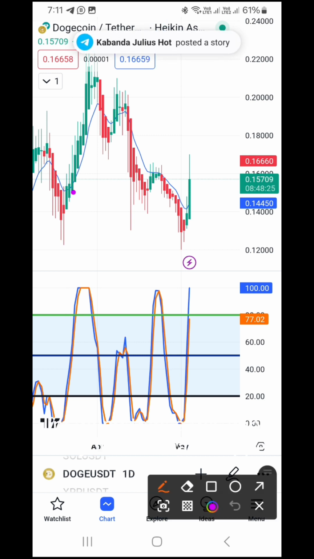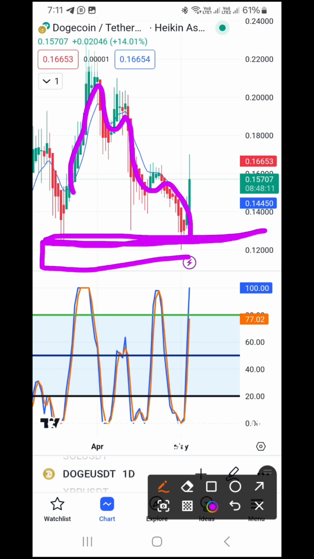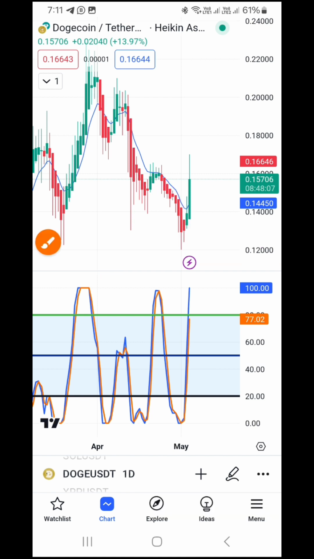I'm going to use this very coin. Your coin has dropped and it has reached this one, we call it resistance levels. Some of you call it diamond area, some of you call it at most zones.